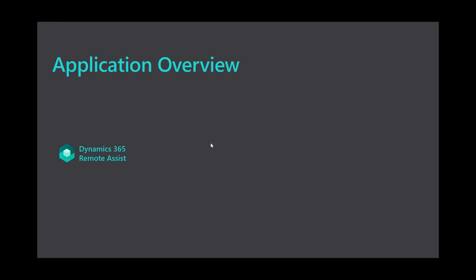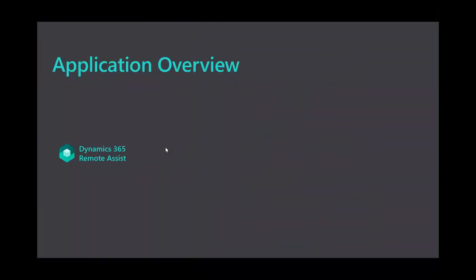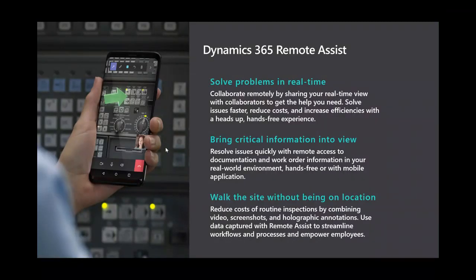We'll start with the application overview. Remote Assist is based on three pillars. These are the three pillars we talk about with Remote Assist when we're talking about the application all up.